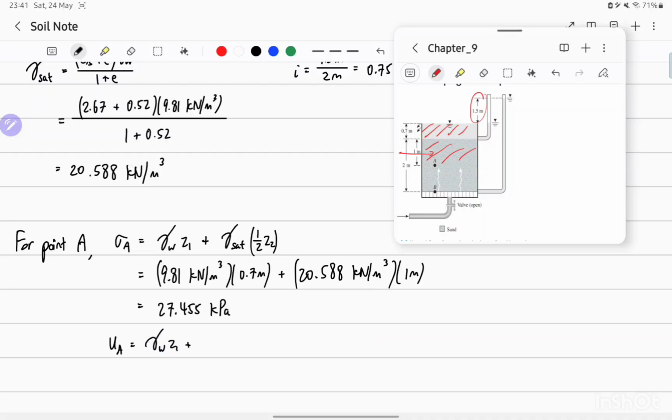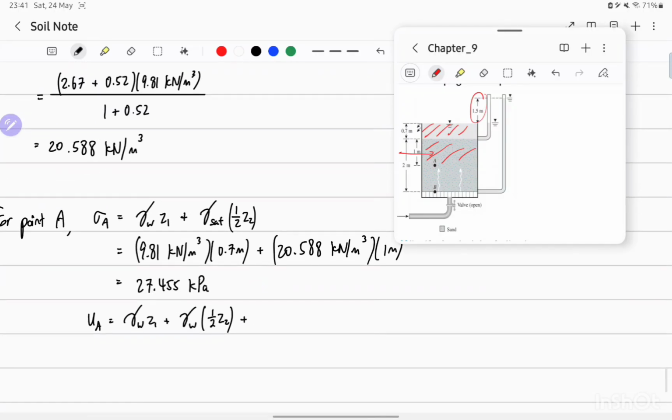And then pore pressure at A is water, so only water, Z1 plus half of Z2. Then we need to add because it's an upward seepage, right? Upward seepage, so it's positive: unit weight of water times i z.